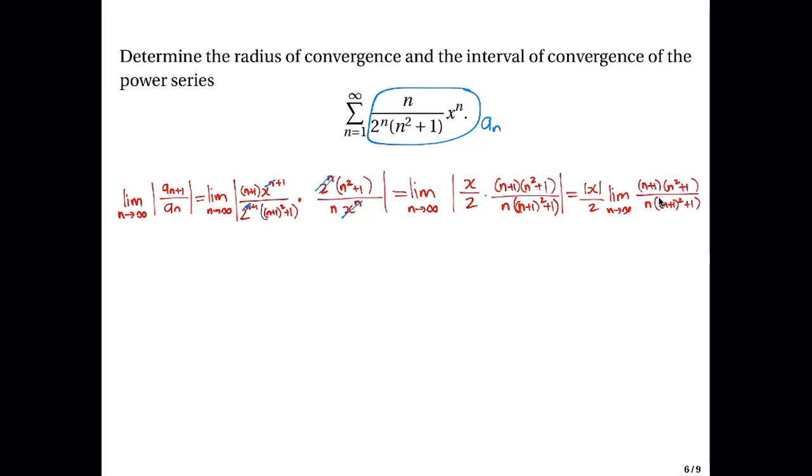And therefore, we have only absolute value of x over 2. And if we want this to be convergent, we want this to be less than 1. So this means you have absolute value of x less than 2, which means your radius is equal to 2.